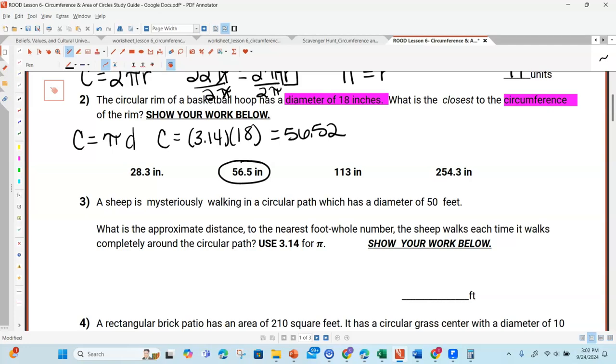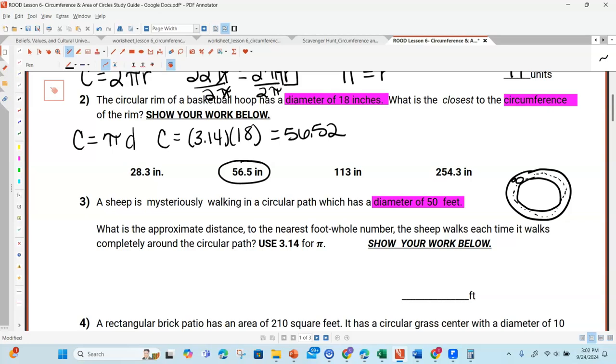Number 3. A sheep is mysteriously walking in a circular path with a diameter of 50 feet. I see the word diameter and circular path. The sheep is walking on this path, so that makes me think of a circumference.